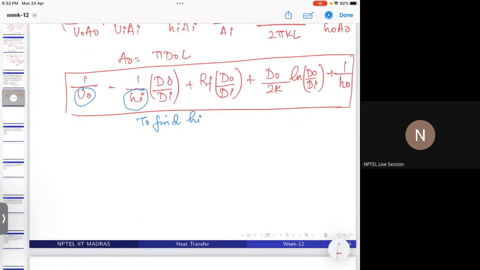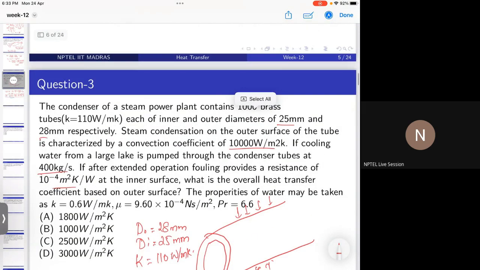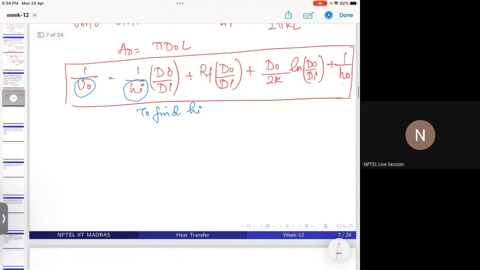The total flow is given as 400 kilogram per second. So the mass flow rate of each tube is 400 divided by 1,000 tubes, assuming it is equally distributed. So 0.4 kilogram per second is the mass flow rate through a single tube. What is the Reynolds number?